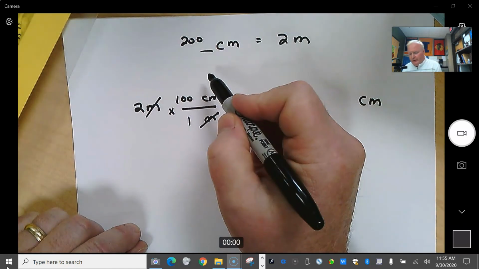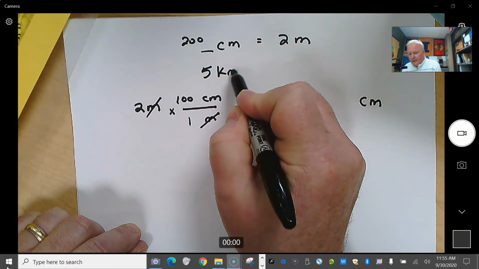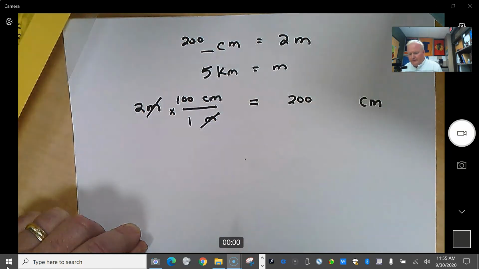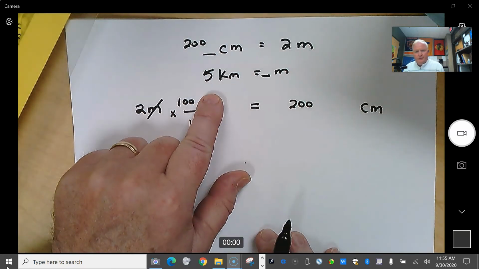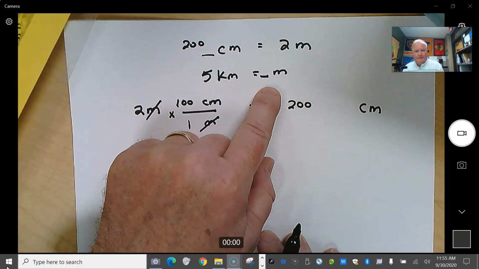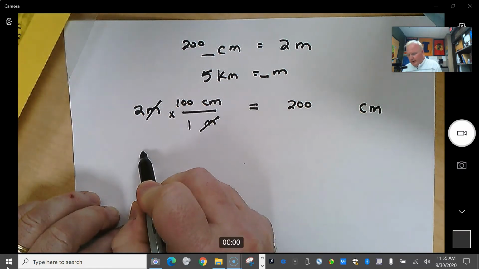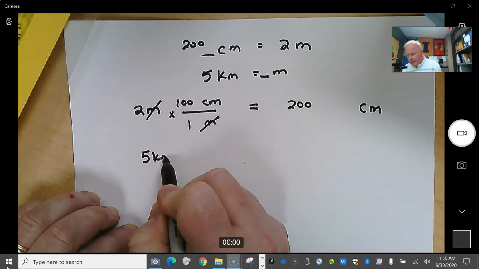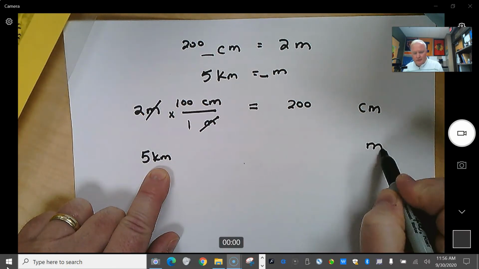So what if we wanted to do something like, how many meters are in 5 kilometers? Right? So how do I convert from 5 kilometers to meters? Remember our steps are, number 1, we take our given 5 kilometers, we write that down. We write our goal over here, that's meters.